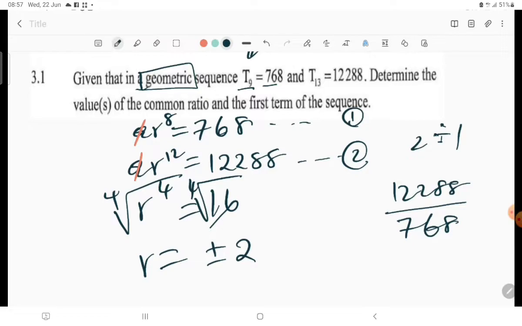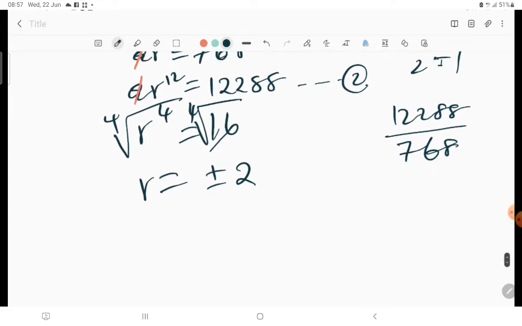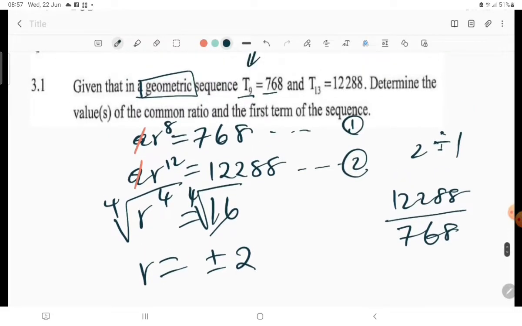So that is why we are having two values of R. The other one is -2 and the other one is +2. So remember the question was saying, determine the values of the common ratio and the first term of the sequence.